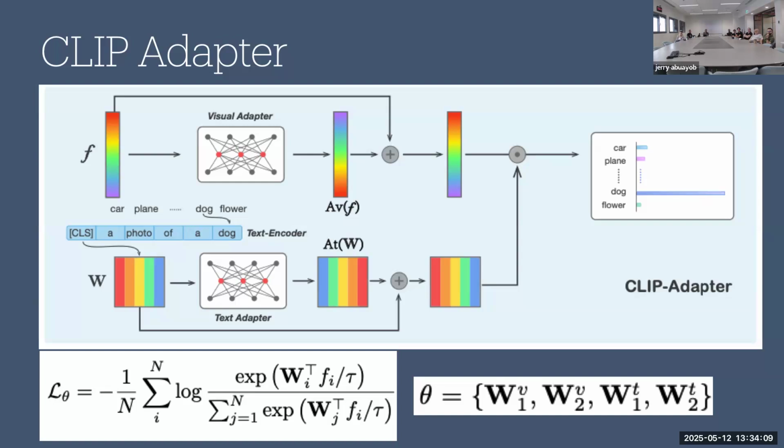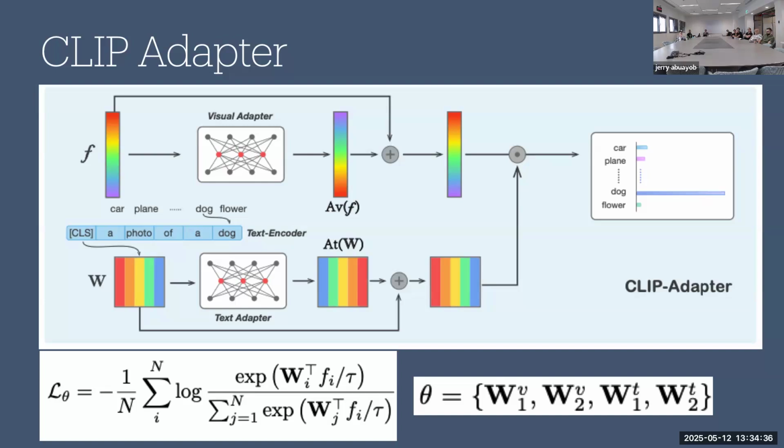Here it's the same prompt as CLIP, not the learned one like CoOp. It returns W as the embedding matrix of the text. Now each embedding goes through an adapter of its own, and we get a transformed feature. Then we add the residual connection and check the similarities again.